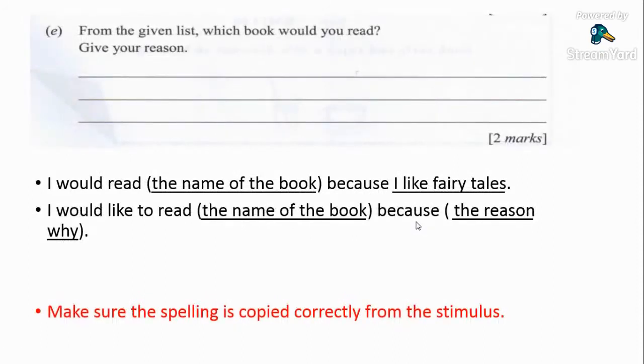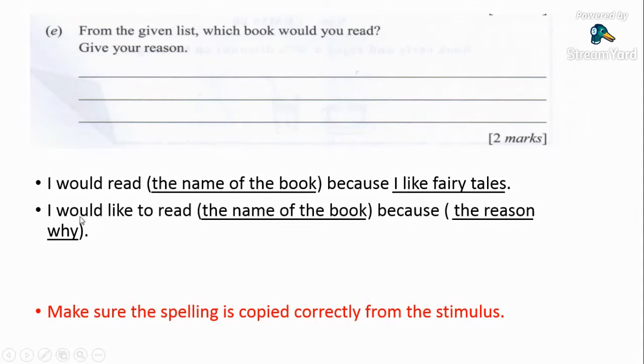So this one. How would you tackle these kind of questions? From the given list, which book would you read? Give your reason. So இந்த மாதிரி question வரும்போது you can answer like this. I would read dash because I dash. Because you give reason lah why. Or I would like to read. I would like because we have the word you would, right? So if you want to be like, okay, என்னால confident நான் இந்த மாதிரி answer பண்ண முடியும்.